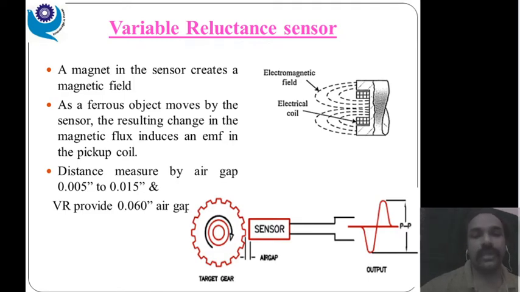In the variable reluctance sensor we are using a ferromagnetic material, and a permanent magnet on this side. Due to that, a magnetic field is generated, and on the ferromagnetic part we have wound the coil, that is, a copper coil.